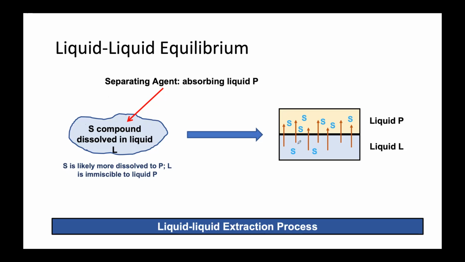Then we mix it with organic liquid, and the theine, like the caffeine in coffee, will dissolve more easily in the organic liquid, while the water will just stay there. Then after this, we can maybe dry it, and then we can get the tea. So this is called liquid-liquid extraction.